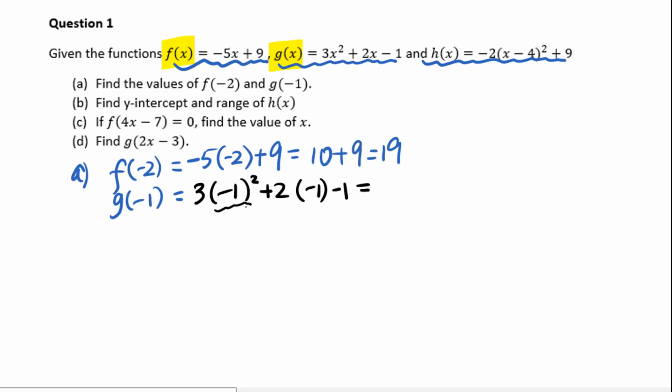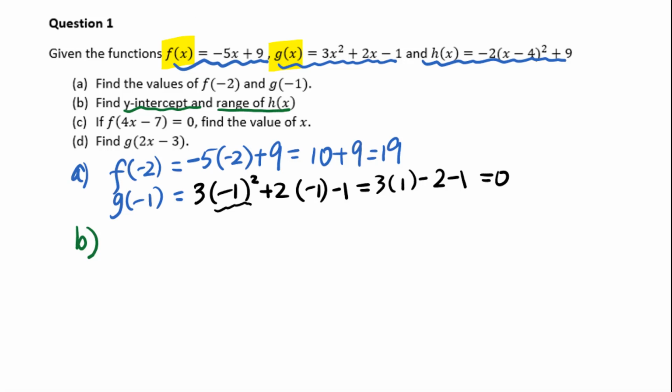Negative 1 squared is a positive 1. 3 times positive 1 minus 2, then minus 1. You will get 0. For B, find the y-intercept and range of h of x.